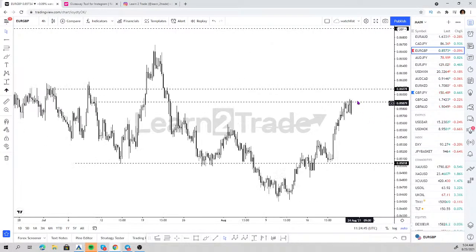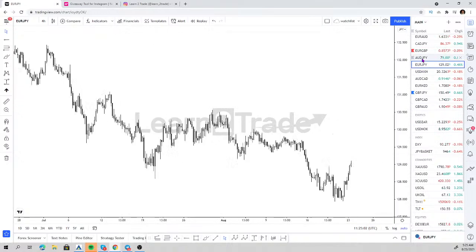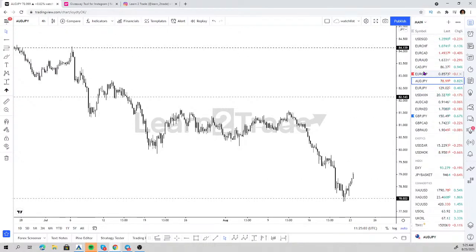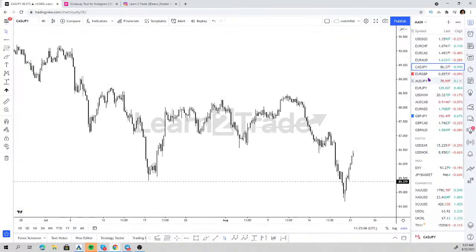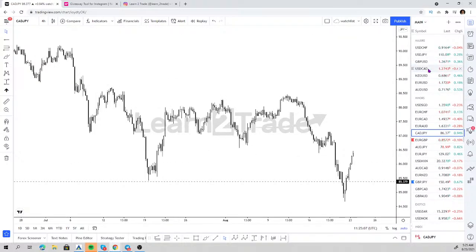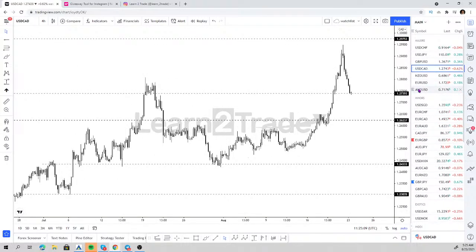Right, so that was a cool thing that we closed 75% of the long on the Euro GBP because we are seeing some rejection. So not too much going on, other than looking at some good possibilities on going long on the US dollar Canadian dollar.